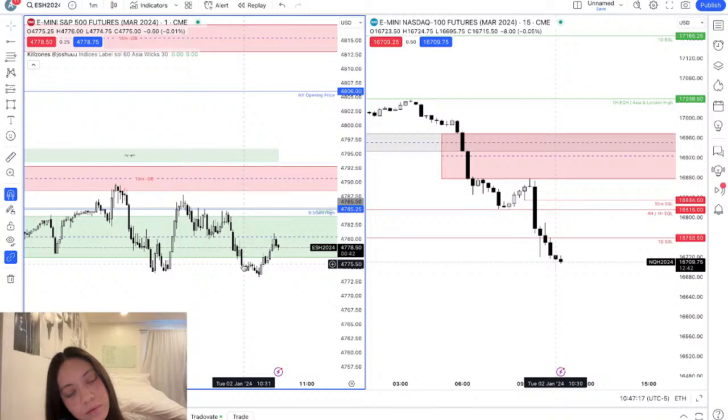I'm glad that I'm waiting for the shift on the 5 minute, because on the 1 minute I definitely would have got tripped up. Since I was bullish, I probably would have taken one of these entries.